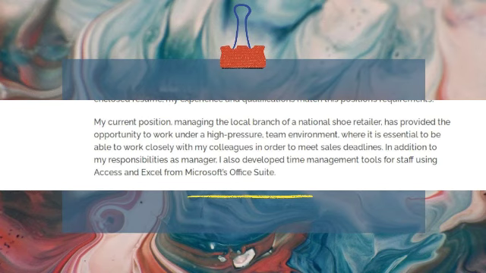Bagian ini adalah salah satu qualification yang di-show off-kan oleh Lilis. Lah terus menjawabnya bagaimana, Miss? Nah, menjawabnya, her current position provided her with the opportunity to work under pressure and working with team environment.